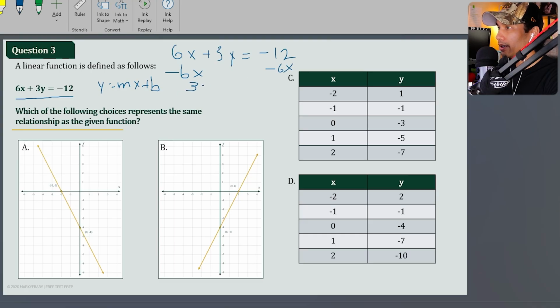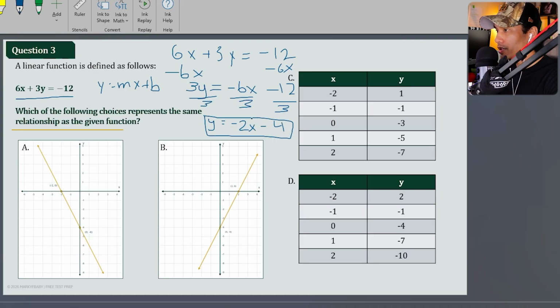That's going to give us 3y equaling -6x minus 12. And I'm going to divide everything by 3, giving me y equals, what is -6 divided by 3? That is going to be -2x. And then what is -12 divided by 3? And that is -4. Okay, so we have our equation. y equals -2x minus 4.